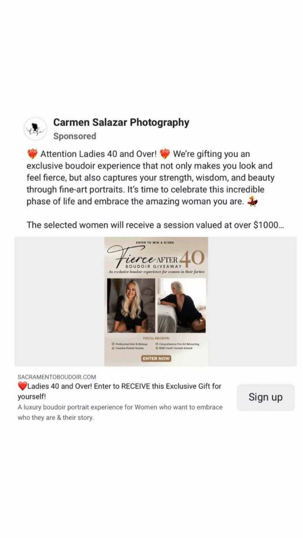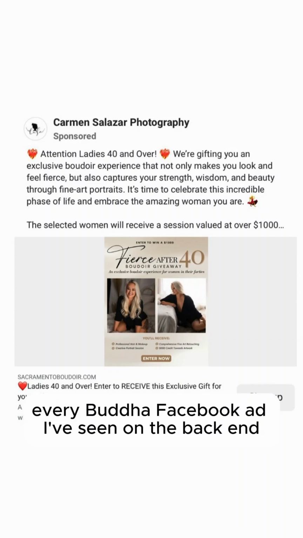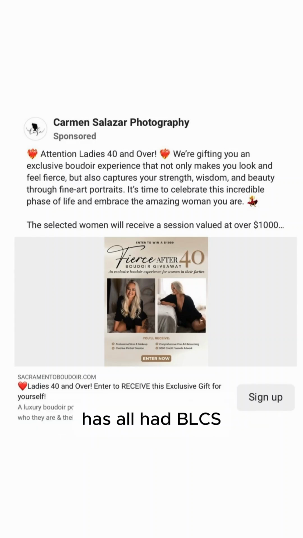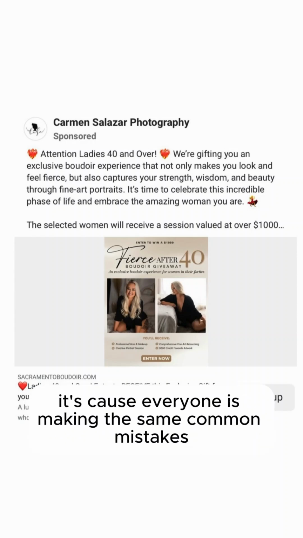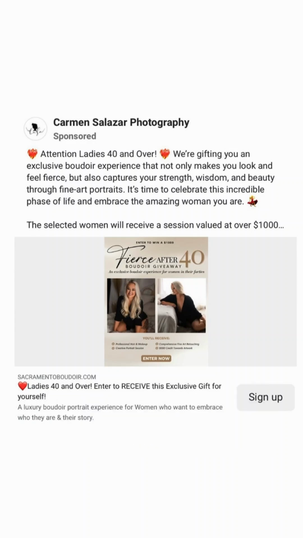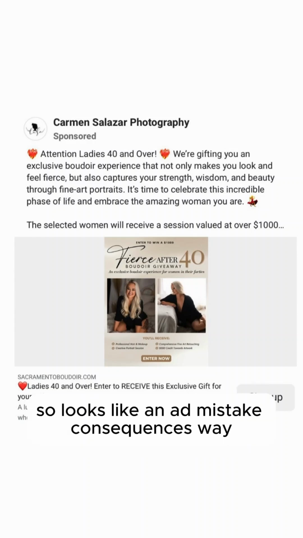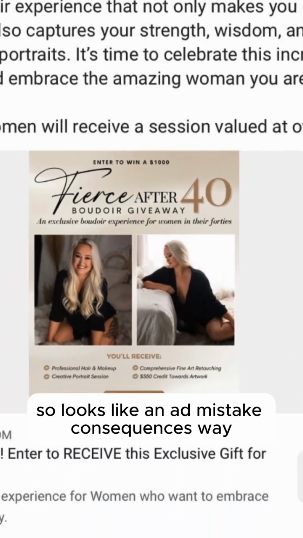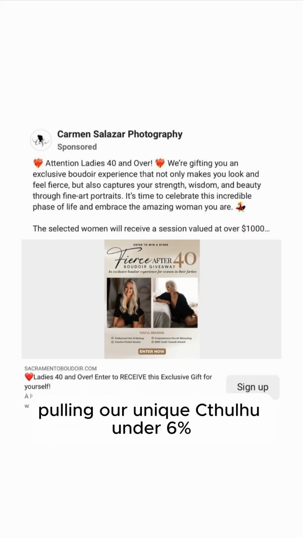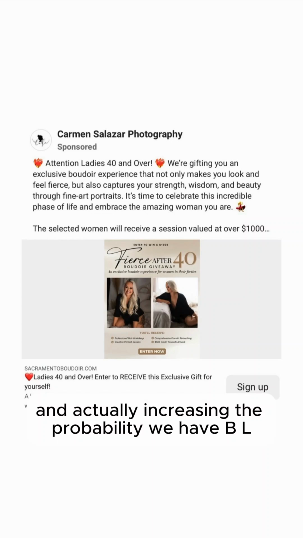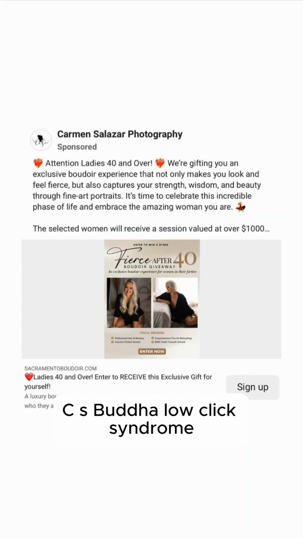Well, every Boudoir Facebook ad I've seen on the back end has all had BLCS, Boudoir low click syndrome, with a unique CTR under 6%. And it's because everyone is making these same common mistakes. So, looks like an ad mistake, consequences: way more women scrolling by our Boudoir Facebook ads than necessary, pulling our unique CTR under 6%, and actually increasing the probability we have BLCS, Boudoir low click syndrome.